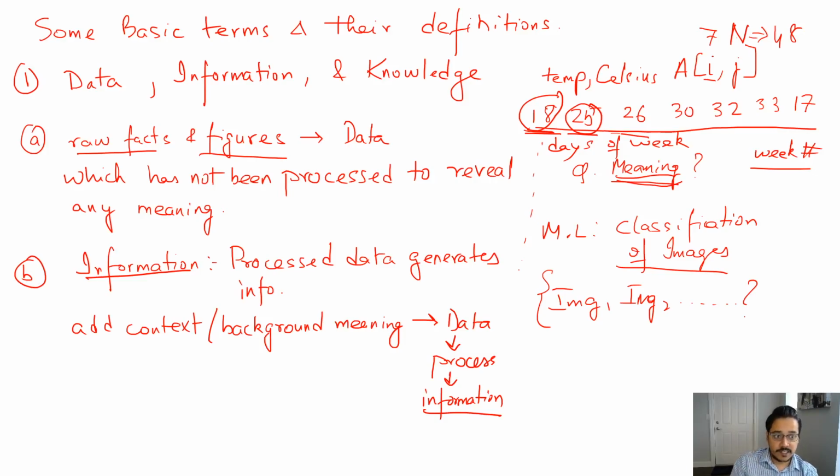Similarly, if we get the images, we can add some context that these images are mostly related to the task of, let's say, classifying whether the image is a cat or not. Then we have an idea of where we need to go with this, or what kind of processing we can do with it.